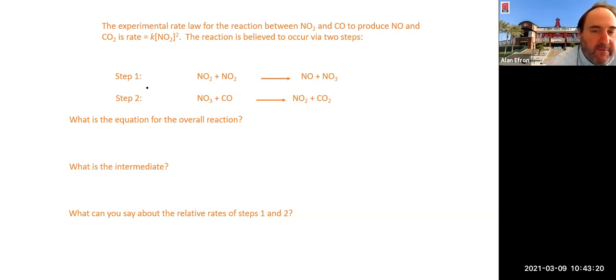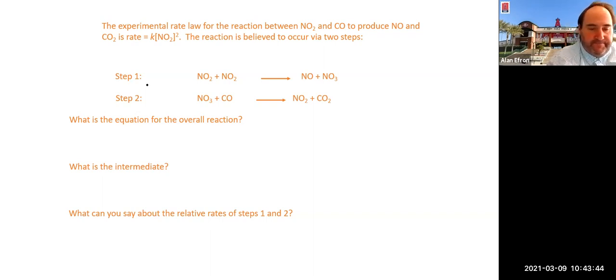First, we want to figure out the overall reaction. The overall reaction is found by adding everything together and canceling out whatever cancels out. You can think of the arrow as an equal sign, so it's like subtracting from the other side.